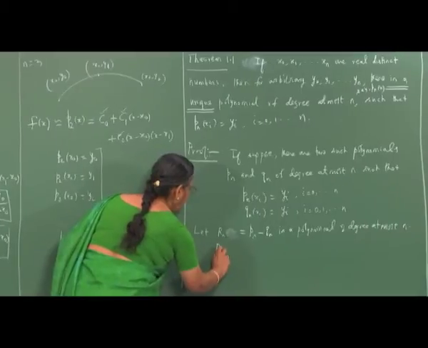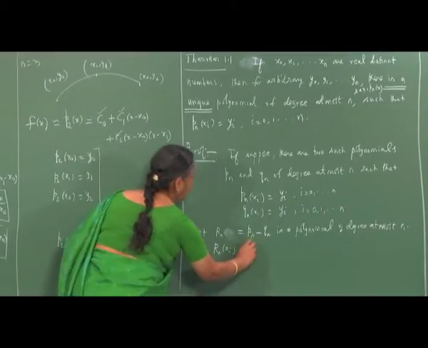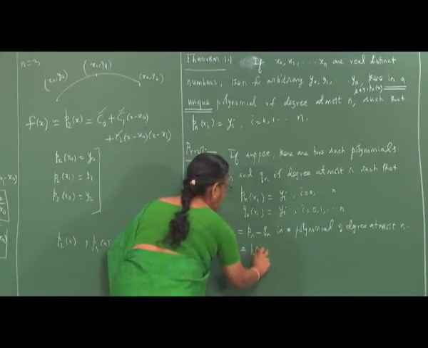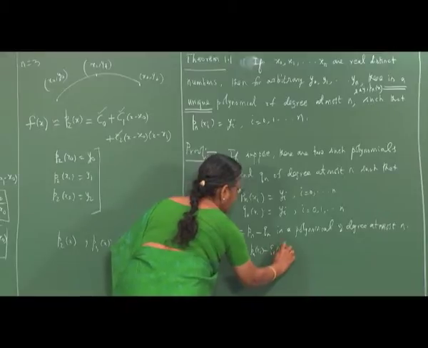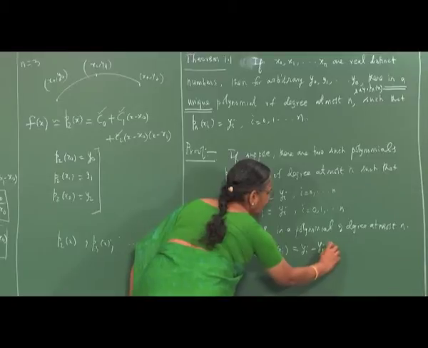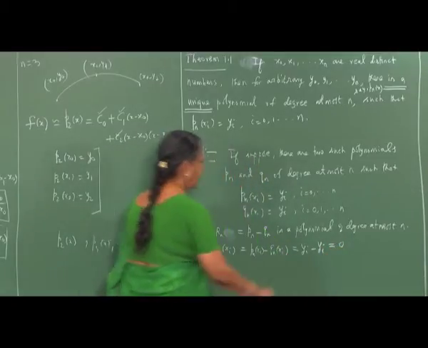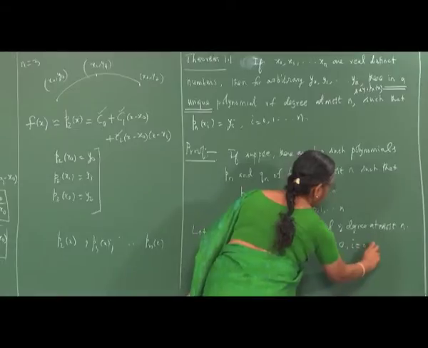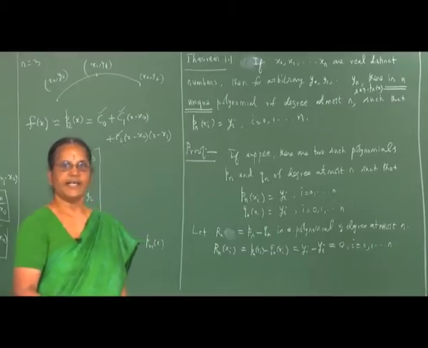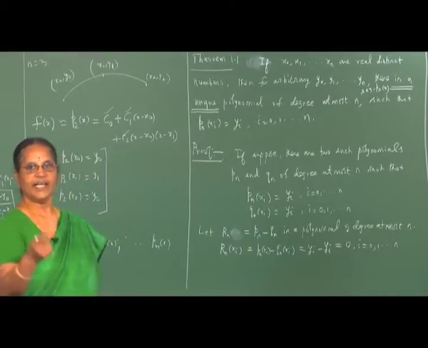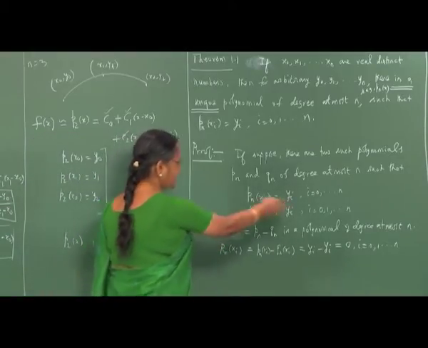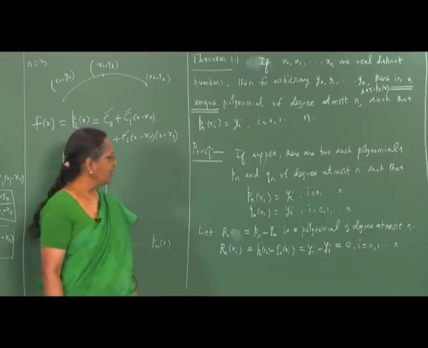If I evaluate Rn at the xi, then Rn of xi is Pn of xi minus Qn of xi. But I know Pn of xi is yi and Qn of xi is also yi. So, Rn of xi is 0 for i is equal to 0, 1, 2, 3 etc. up to n. So, we know that Rn is a polynomial of degree at most n and Rn at xi is 0 for i is equal to 0 to n.